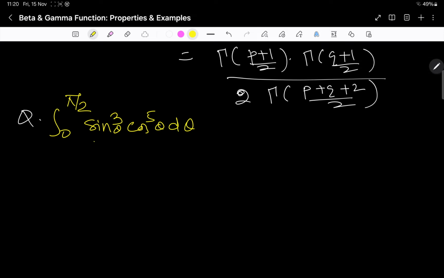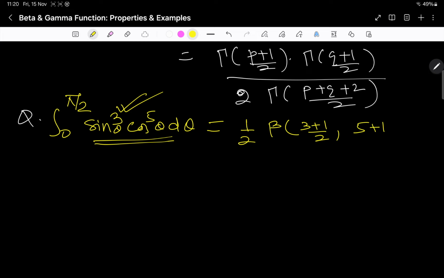If I ask you to evaluate this, such type of many integrals you have studied earlier in your 12th class, but if this power is some 23, 25, then what to do? It is half beta of p plus 1 by 2, 3 plus 1 by 2, comma, 5 plus 1 by 2.